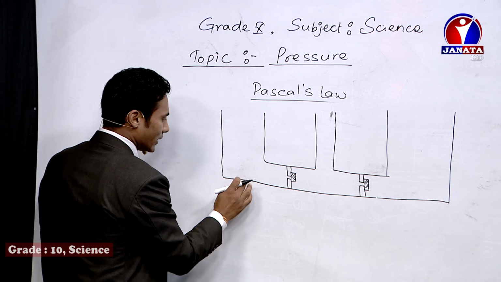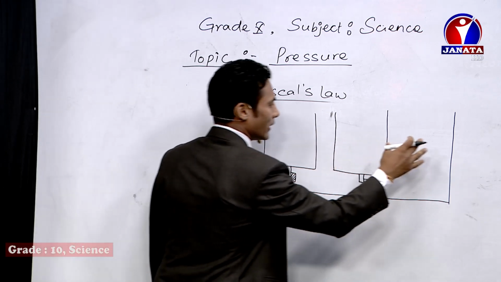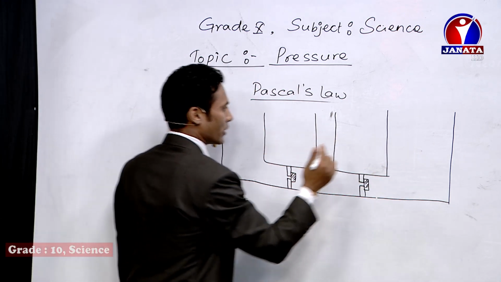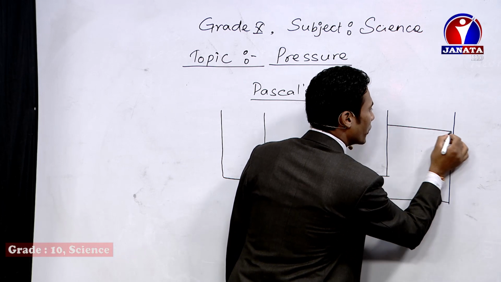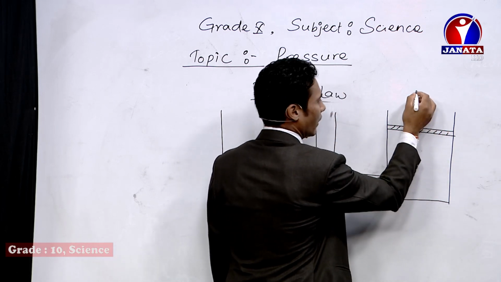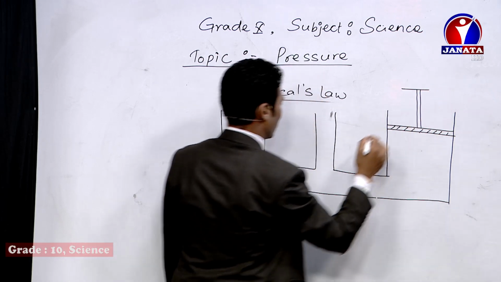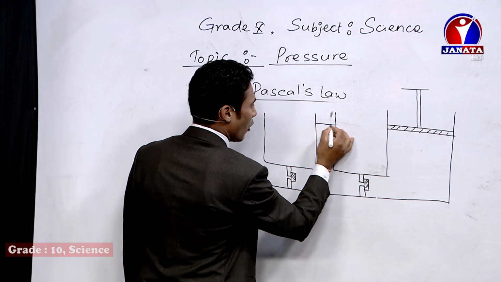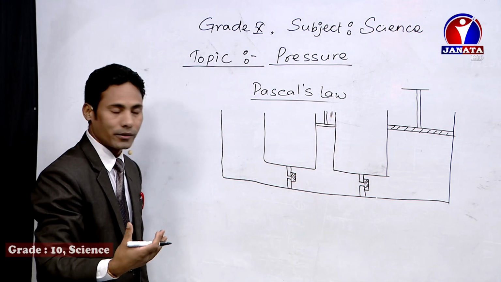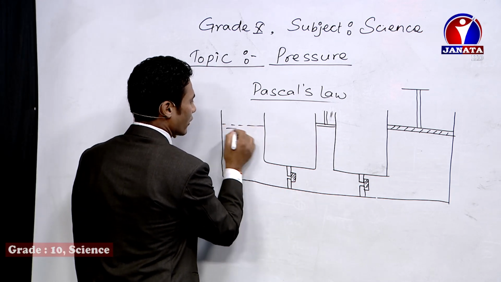This cylinder is called the reservoir, this one is the large piston, and this one is the small piston. The larger cylinder's piston is where the load can be lifted up, and this is the small piston where we apply the force, a less amount of force. This one is called the reservoir.